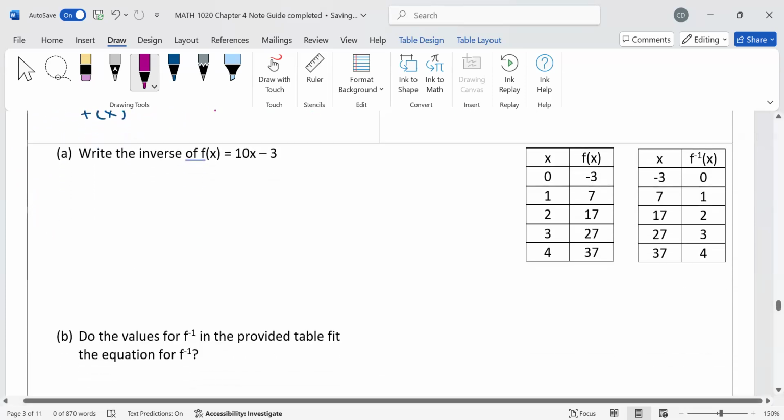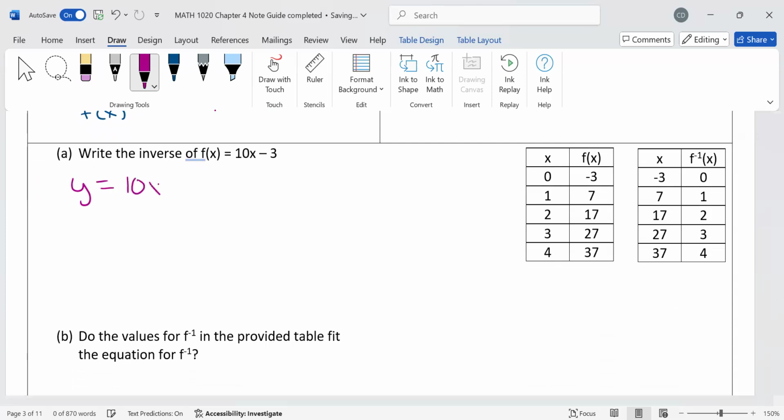All right, this one wants you to find the inverse. F of x is just another way to write y. First thing we need to do is swap our x and y's. And then solve for y. So we start by adding 3 to both sides.